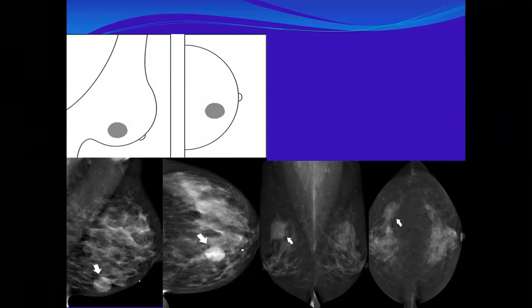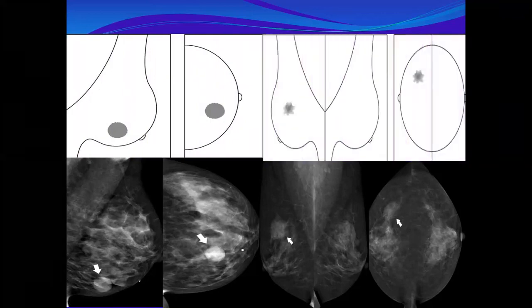If you look at the illustrations, this is a mass, while in this one you see the fat is going into the asymmetry, like this. So this is an asymmetry, but it looks like a mass.